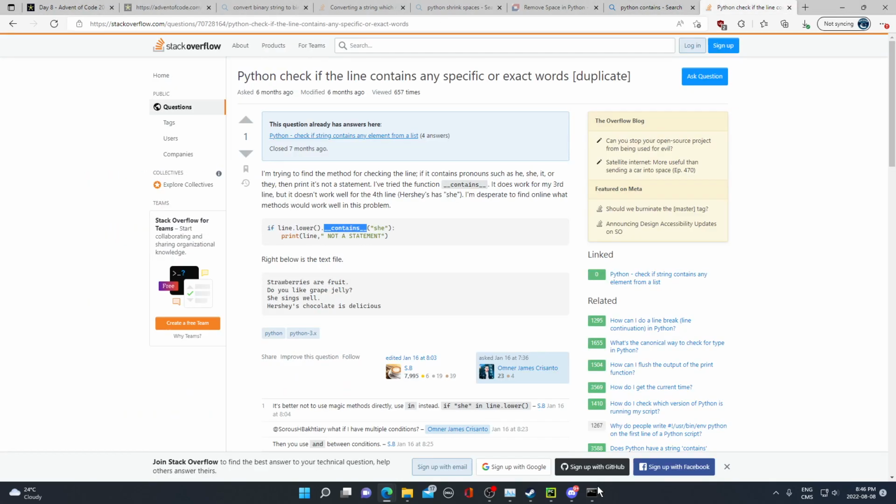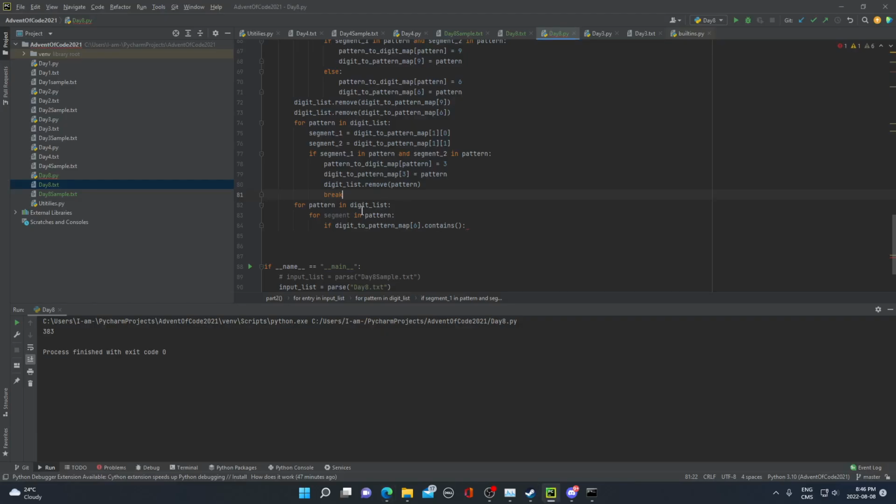I don't even know if this will work. Otherwise I have to use regex. Oh, this is a function. Oops, that's not what I want.